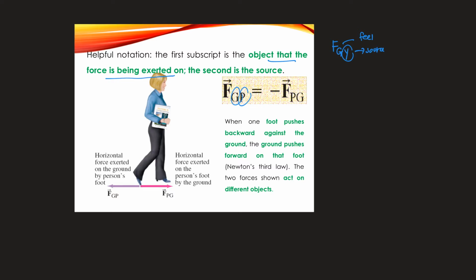it means that if you apply force to the ground, okay, definitely the ground is going to apply force to you, so it's going to come with the same magnitude but different direction like this. Okay, so make sure that you know how to write a proper subscript when it comes to Newton's third law. Okay, but for your questions, mostly we are going to find the force exerted, which means you are not going to find the force you exert on another object.